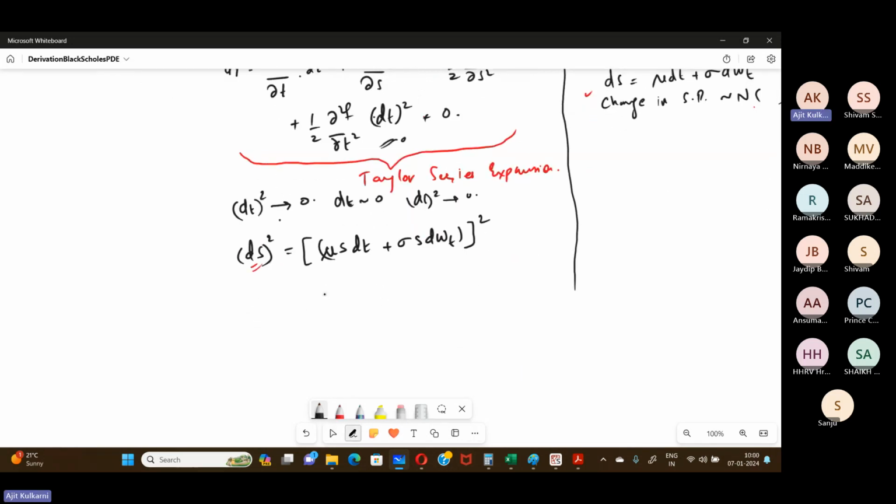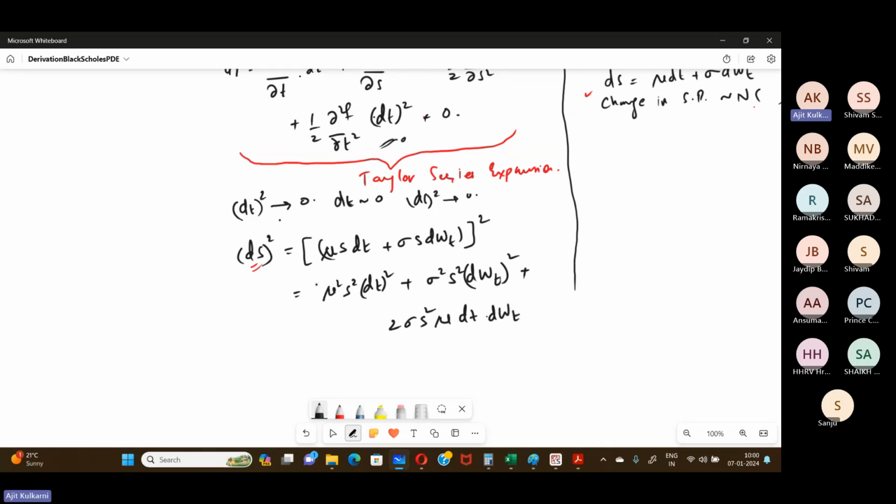Then what we get is mu square s square dt square plus sigma square s square dwt square plus 2 sigma s mu s square dt dwt.